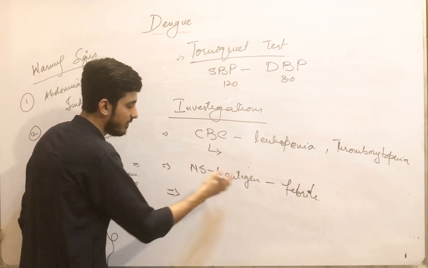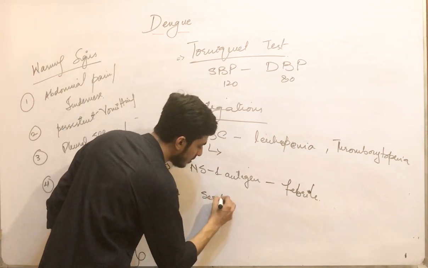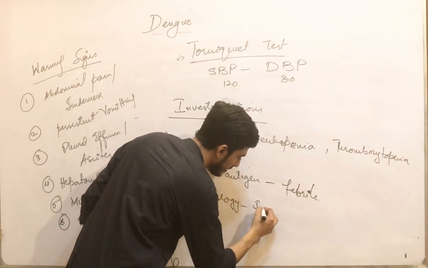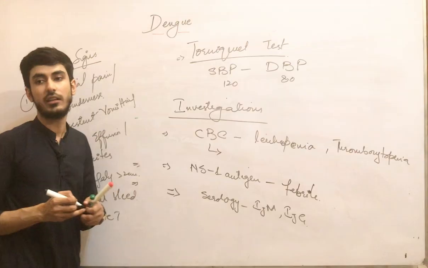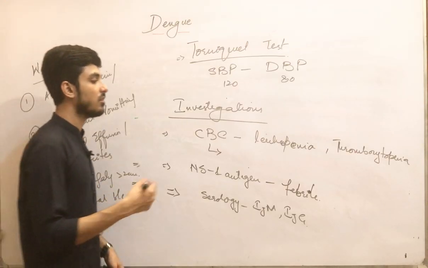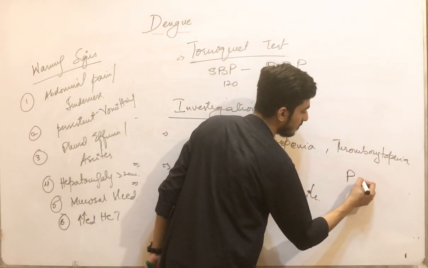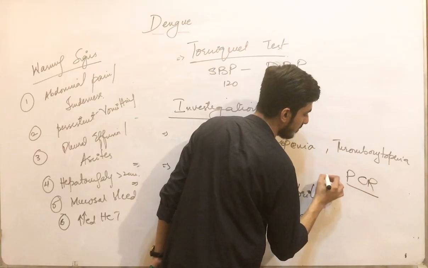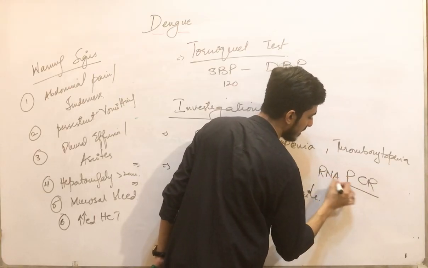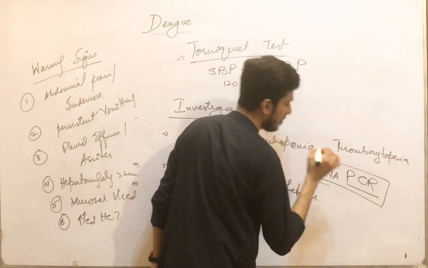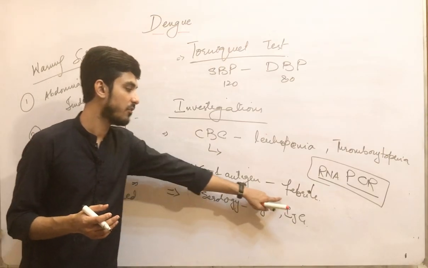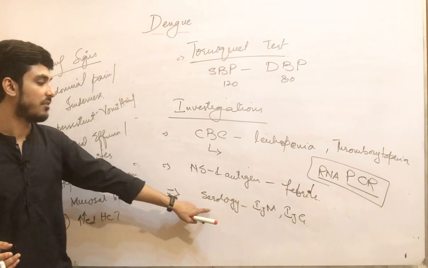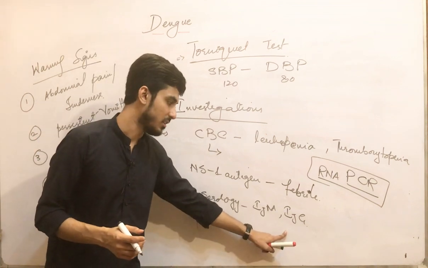After that you can carry out the serology of the patient, IgM and IgG of dengue. Then you can also carry out the viral PCR, dengue virus RNA PCR. But the common practice is the NS1 antigen in the febrile phase, and the serological evidence of IgM and IgG serology.